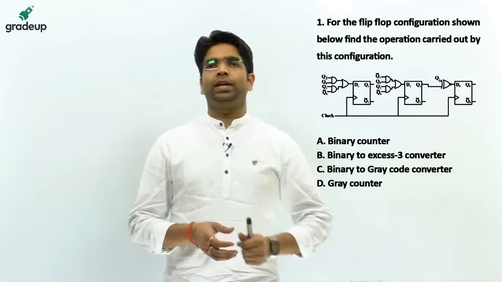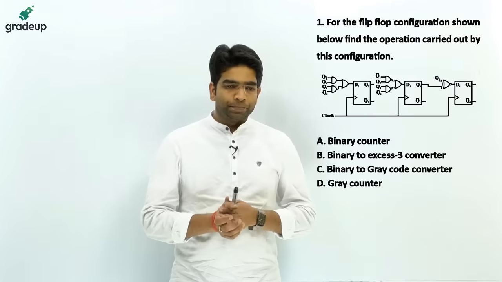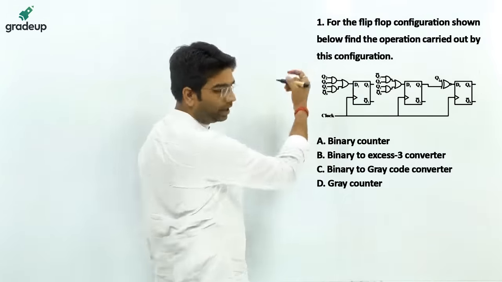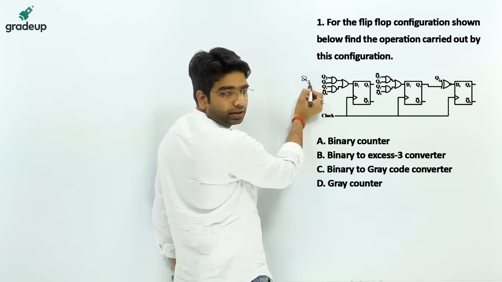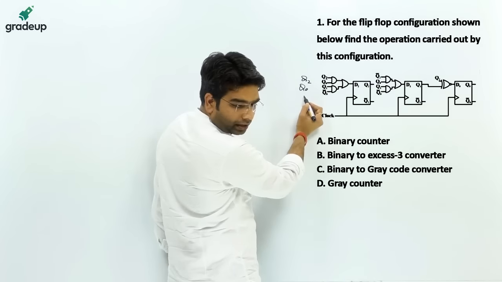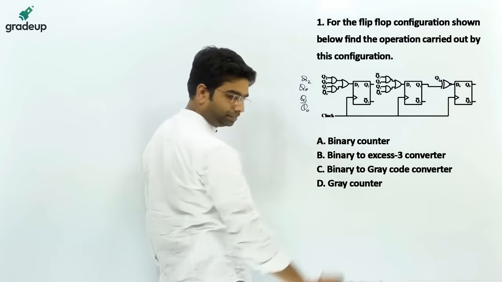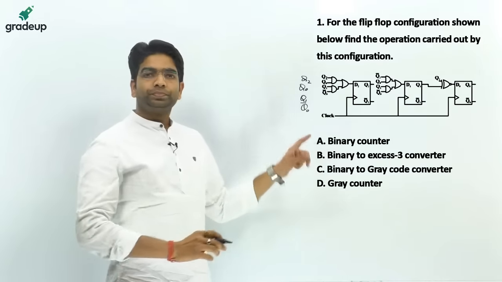So let's begin with today's session. On the screen there is one question. Try to attempt it. The question is in D2. It is Q2, it is Q0, and it is Q1, and it is Q0 bar.